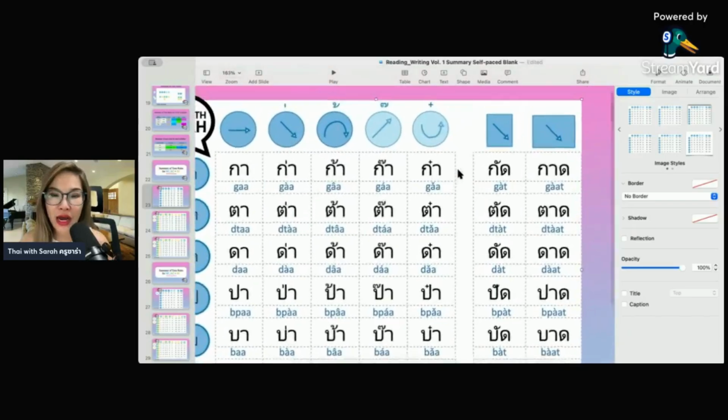Now, I particularly pointed out dead syllables. A dead syllable is any syllable where you cannot prolong the sound at the end. For example, this one. Let me check if the chart's still there. The chart's still there. You can see that you cannot prolong the ending.